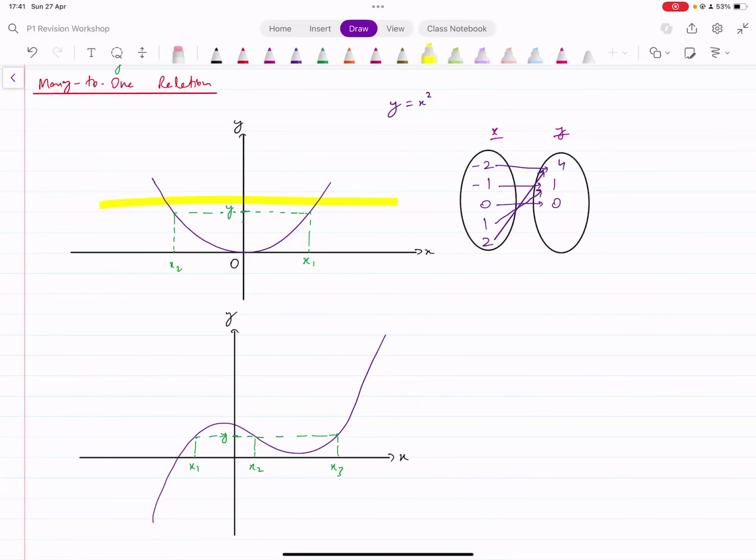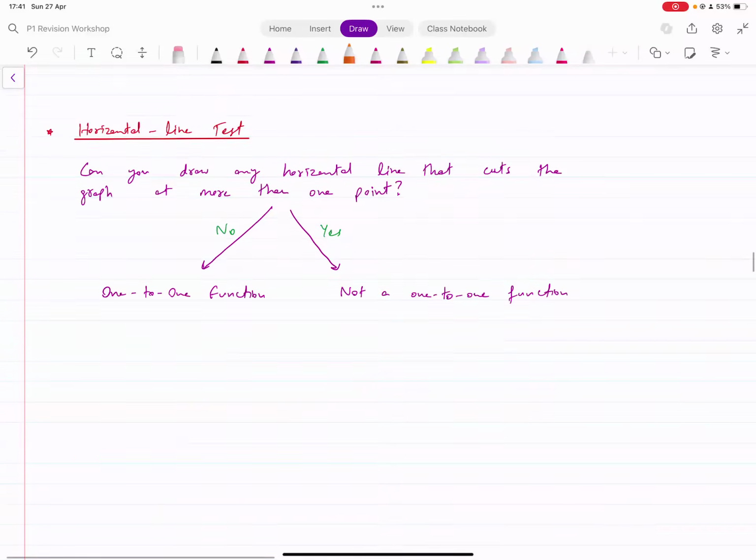If there's even one line I can draw like this, that means it's not one-to-one, because there are multiple values of x giving us the same value for y. Similarly here, I can draw this line and that makes it not one-to-one.